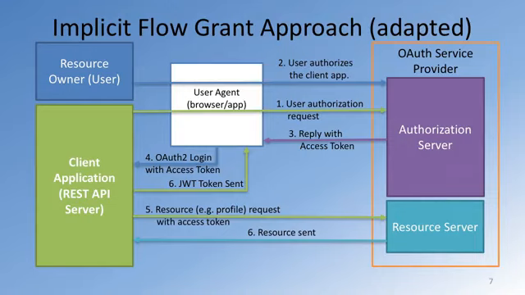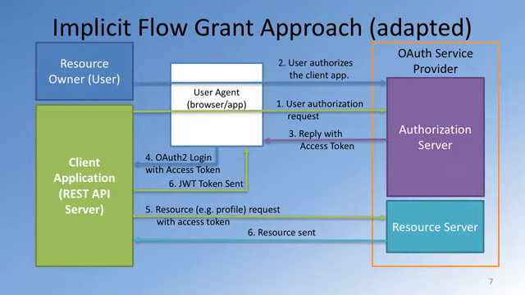The resource owner is the one that has the profile. This profile information for every Facebook account will be stored on the Facebook server, and so the Facebook server provides the resource server here. That is the OAuth service provider that you see on the right-hand side of this picture. So imagine the Facebook server on the right-hand side.